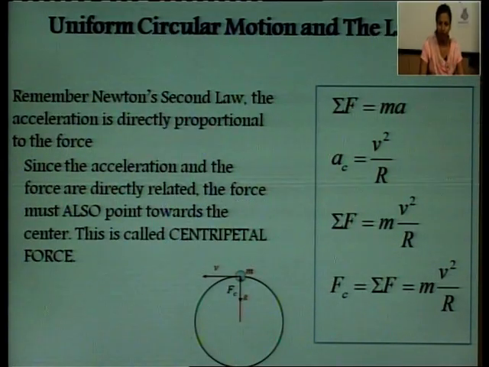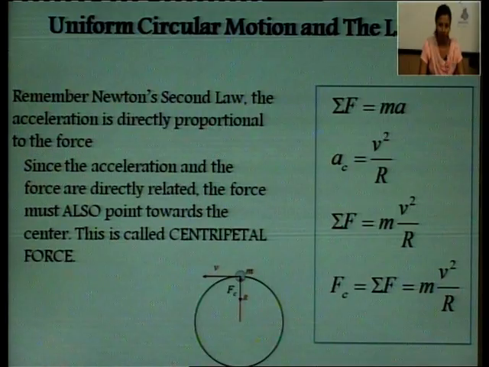The important point here is that force is a vector quantity, so it is directional. So, the centripetal force is required for a body to move in a circle and it is always towards the center along the radius.